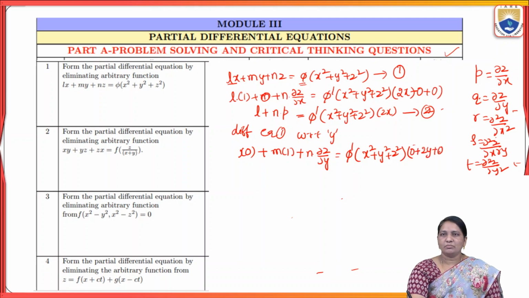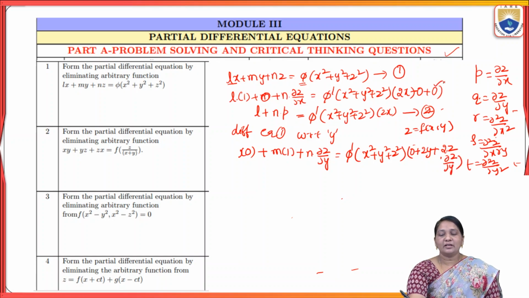No, here z is a function of f of x comma y, so that's why we don't treat z as a constant.